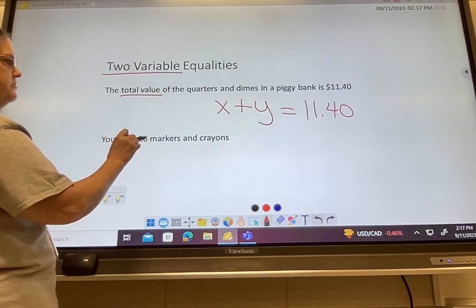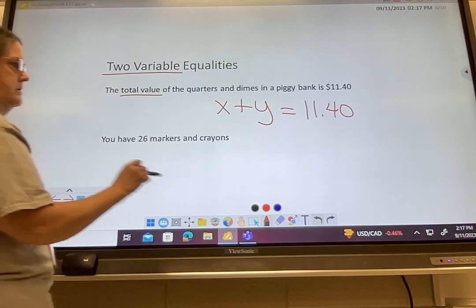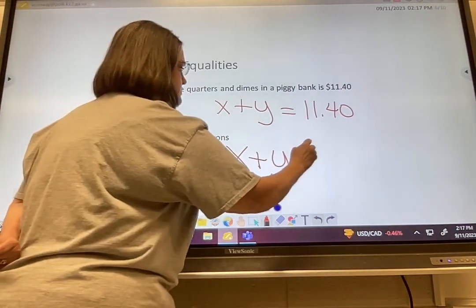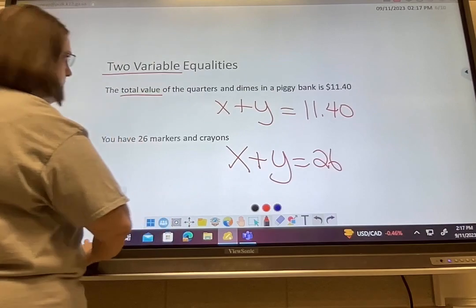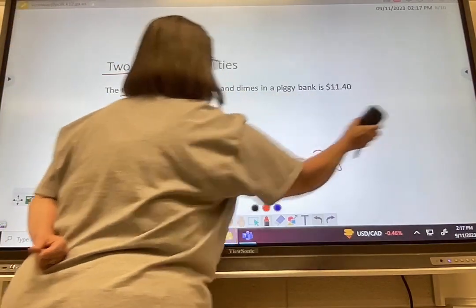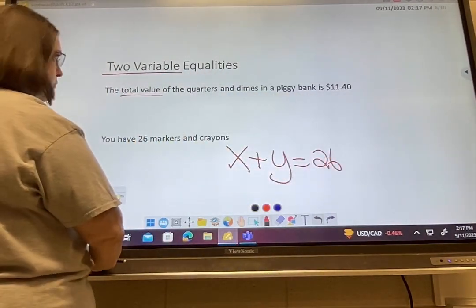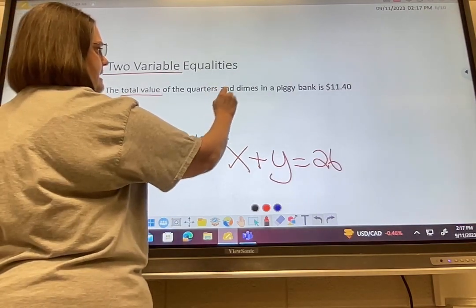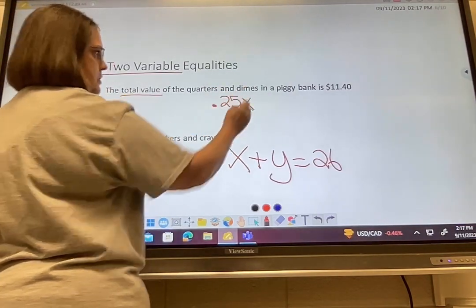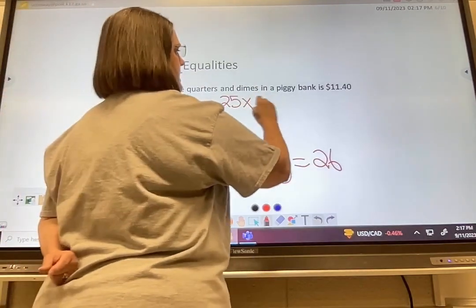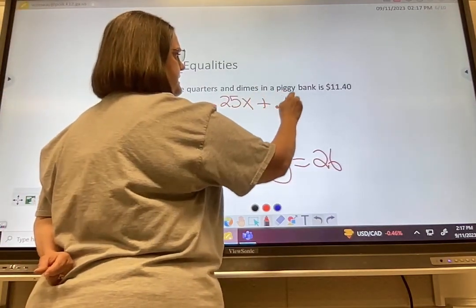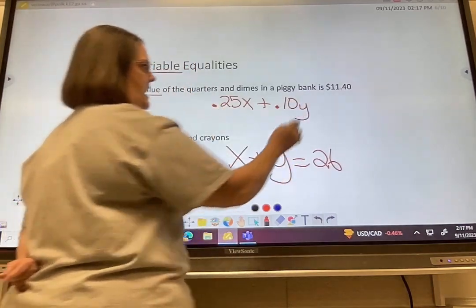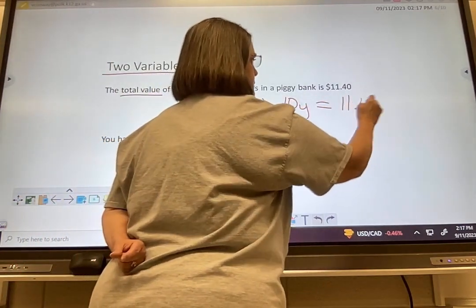All right, you have 26 markers and crayons. Markers, crayons, I've got 26 of them. I'm going to go back and do this one. How much is a quarter worth? It's worth 25 cents. So 0.25 times the number of quarters, and 0.10 times the number of dimes is $11.40.